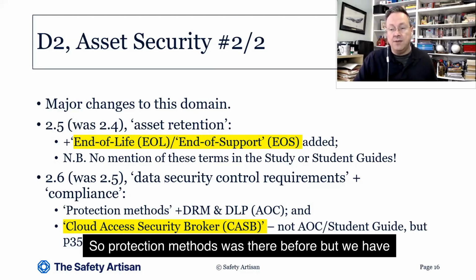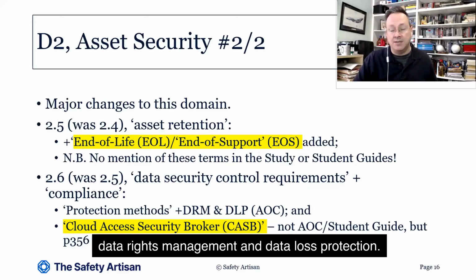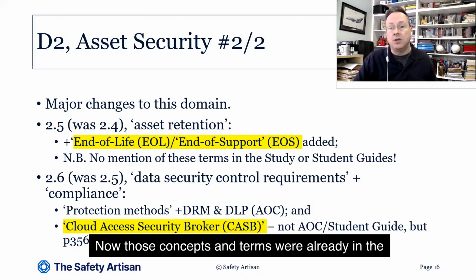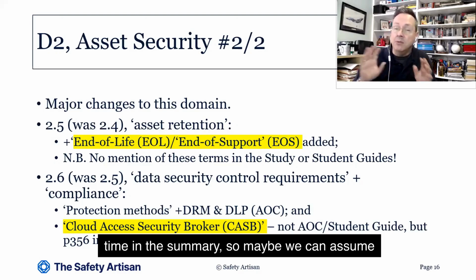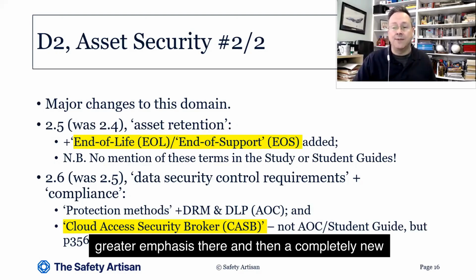So protection methods was there before, but we have data rights management and data loss protection. Now, those concepts and terms were already in the course, but now the acronyms are there for the first time in the summary. So maybe we can assume a greater emphasis there.